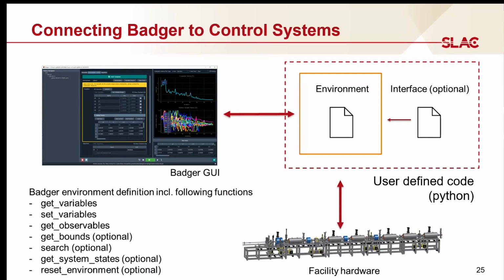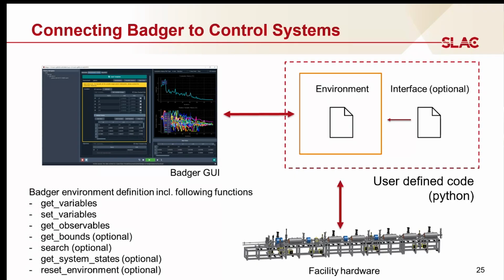We put a lot of effort into making this facility agnostic as well. So just like Xopt uses a generic Python function to set the parameters of the machine and evaluate the objectives and constraints, we have a standardized interface that we define called the Badger environment.